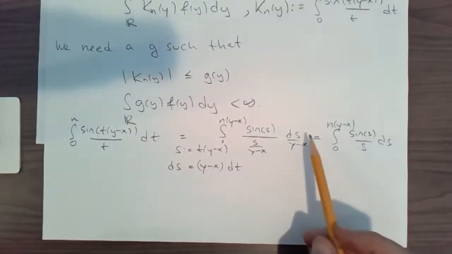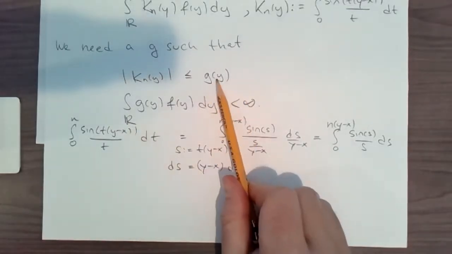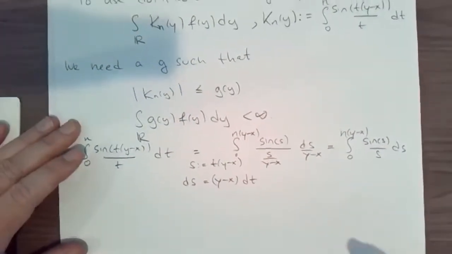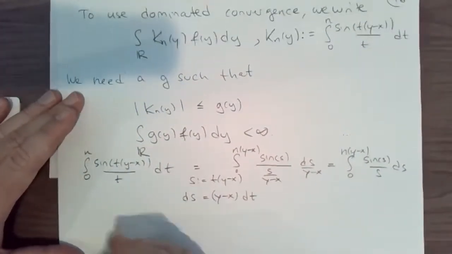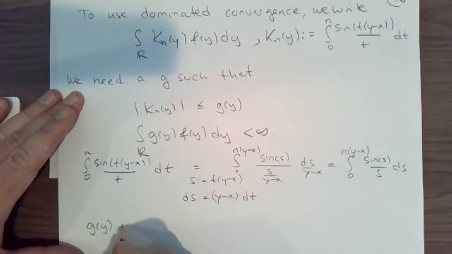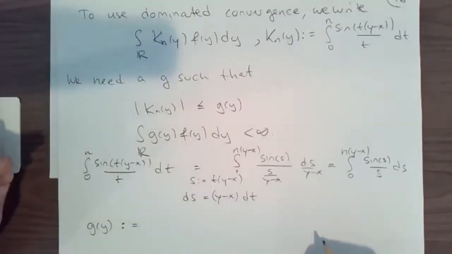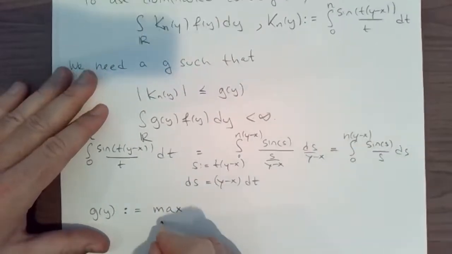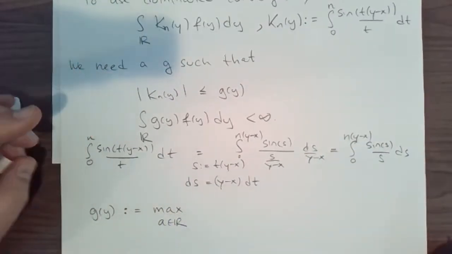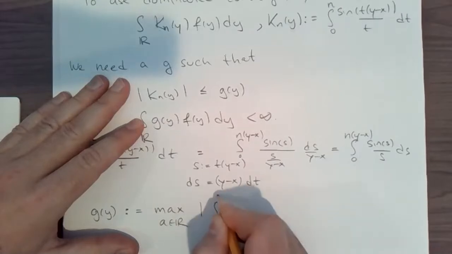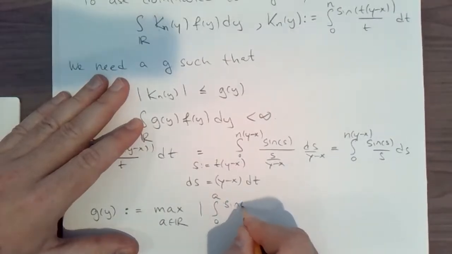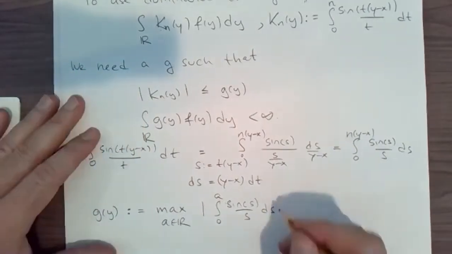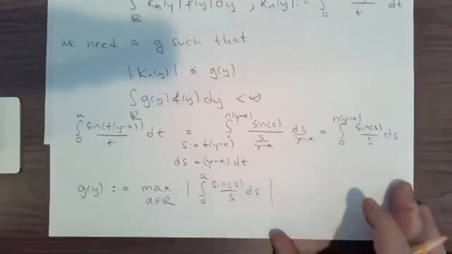And so what this shows is that if I could get rid of the y, I could use a constant for g. Okay, so what constant could I use? If I put g of y to be the maximum over that top parameter here, the maximum over a in R of that integral from 0 to a of sine s over s ds, I could pick this one.